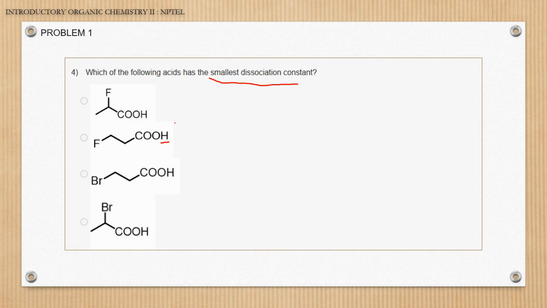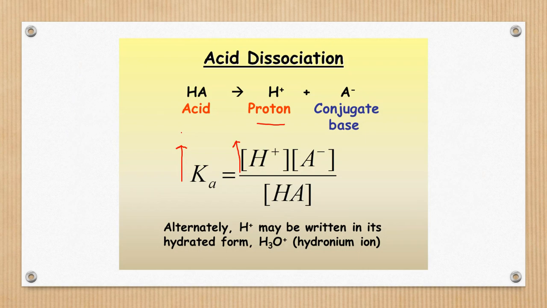So, here we have 4 options and you have to find out the smallest dissociation constant. What do you mean by smallest dissociation constant? Here the concentration of H plus will be lower. So you will say that the Ka, the dissociation constant of the acid, is lower and the concentration of H plus in the medium is also low.